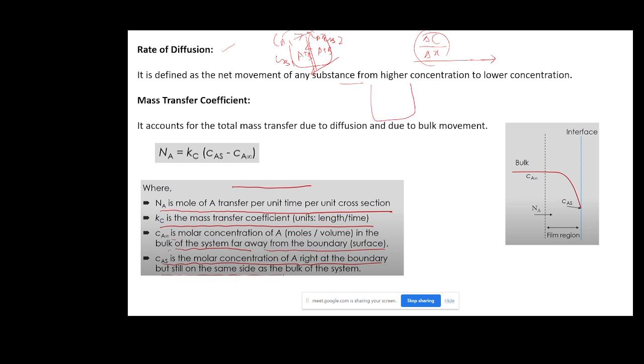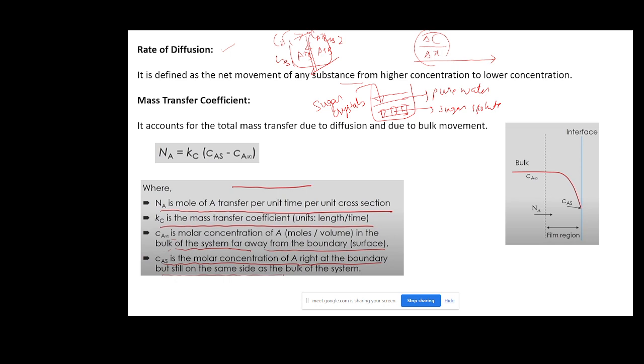So say for example, this is a very common example. If this is just pure water, now if you add sugar granules or sugar crystals to it, this is rich in sugar, which is solute, and pure water does not have any solute.